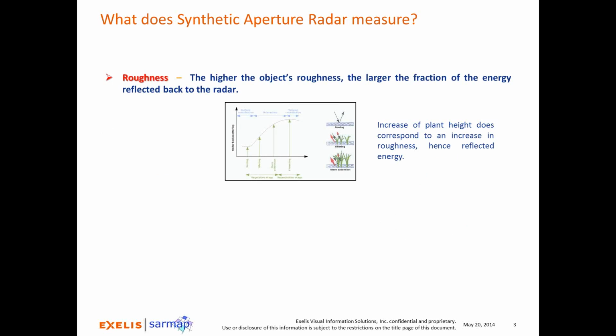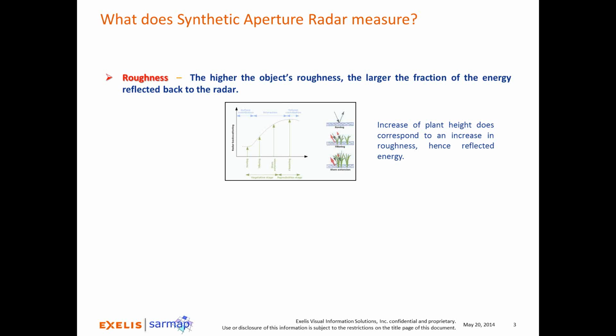Of course, we measure a backscatter reflection of our terrain of the illuminated energy, and the amount of the reflection we get back from our terrain depends basically on two physical parameters that are very important and that we can link very well to our agriculture.